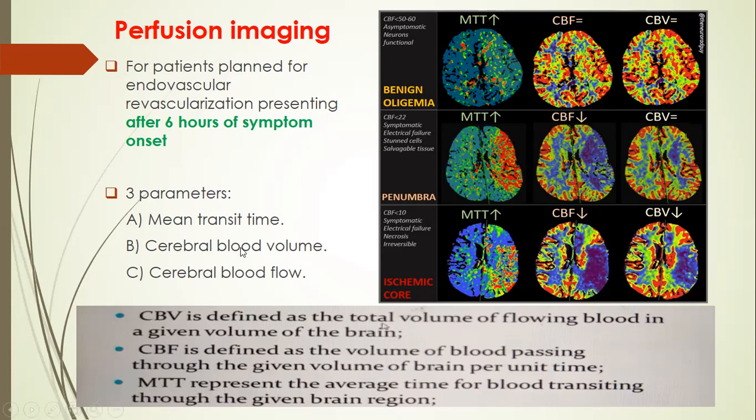If cerebral blood volume is decreased, that indicates ischemic core, and if it is normal, that indicates penumbra. Patients having penumbra will be the ideal candidates for mechanical thrombectomy.